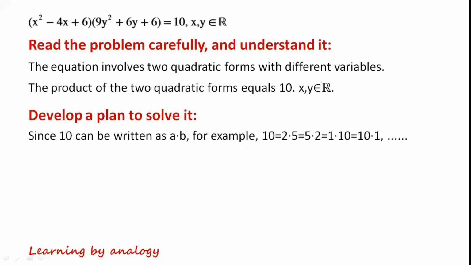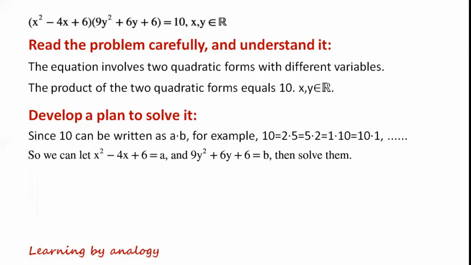Since 10 can be written as a times b, for example, 10 equals 2 times 5 equals 5 times 2 equals 1 times 10 equals 10 times 1, and so on, we can let x squared minus 4x plus 6 equal a, and 9y squared plus 6y plus 6 equal b.